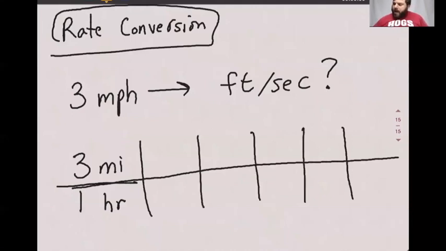But anyway, we want to end up in feet per second. Remember, per means to divide, so that's how I know it's like a fraction. You see how miles are on top? I want to end up with feet on top, so somehow I need to get rid of miles and make feet appear.